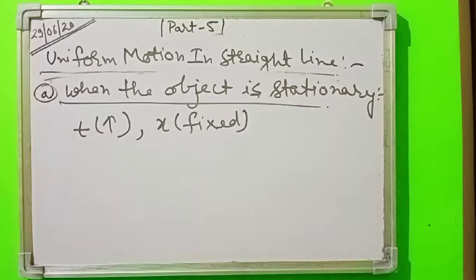I am clarifying this with an example. Suppose you are observing your friend from the school office, and your friend is standing at the school gate. With the passage of time, your friend remains at the school gate. He is not changing position from the reference point, that is the school office.